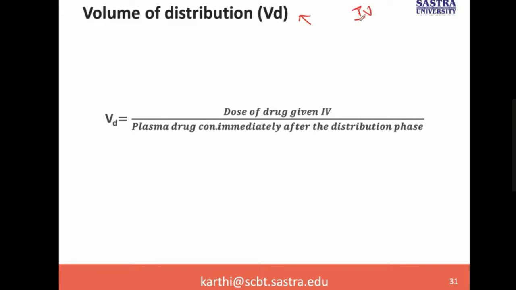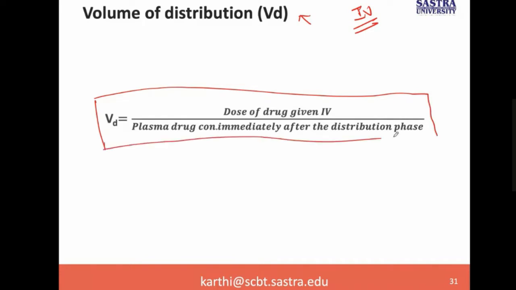For IV, what's the formula for calculation? Dose of drug given intravenously divided by plasma drug concentration immediately after the distribution phase. This is the formula that you have to use if the problem is related to IV administration of the drug molecule.